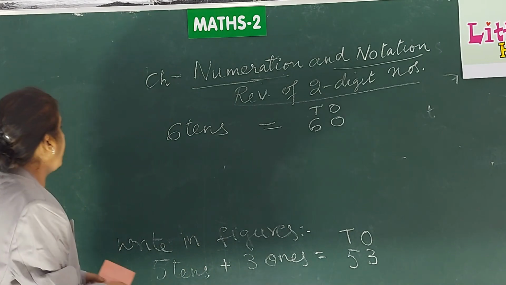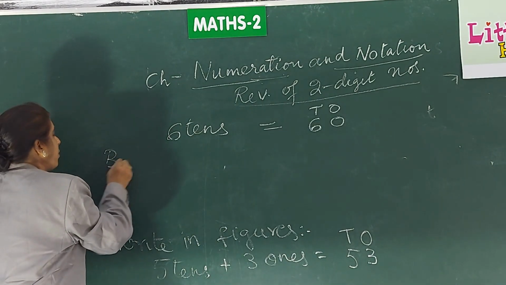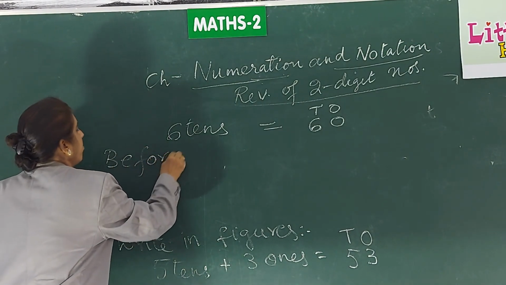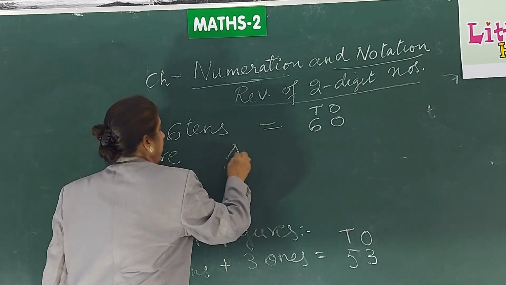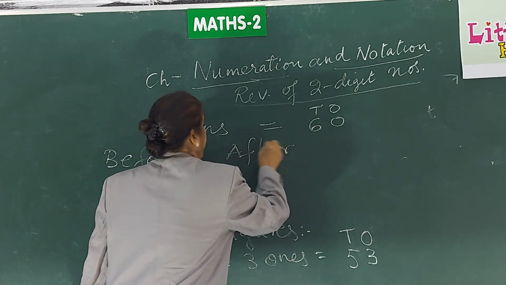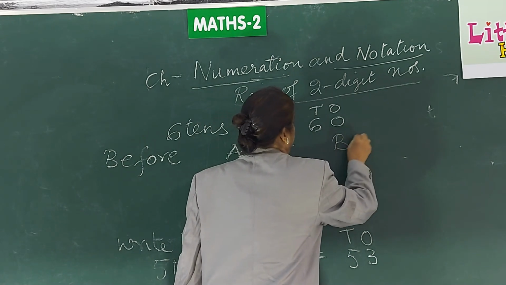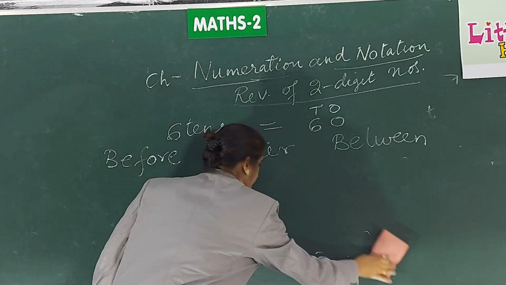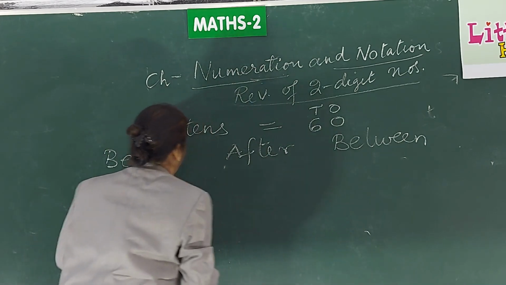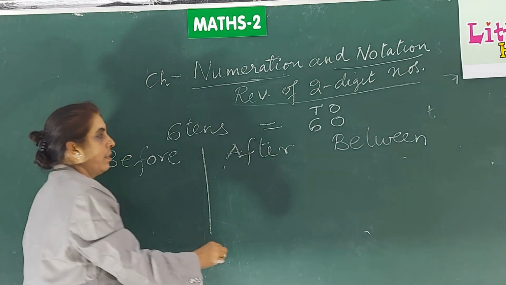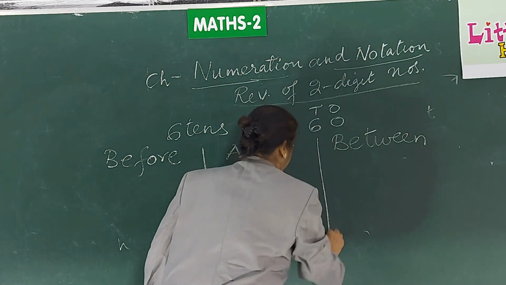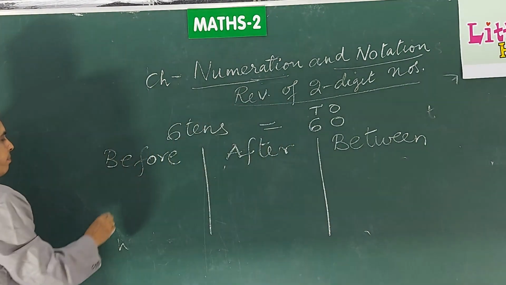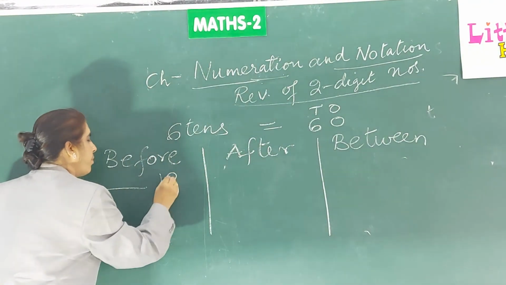And let us go with before number, after number and between number. Before number of 19.